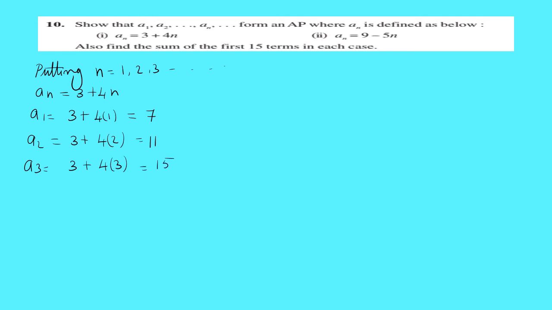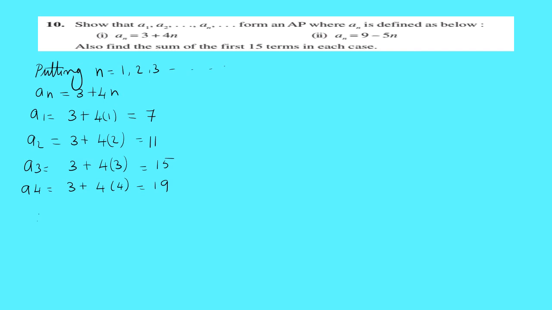And A4 is 3 plus 4 multiplied by 4, that is 19. Now you are getting A1, A2, etc. that is 7, 11, 15, 19, etc. You can find up to n terms.